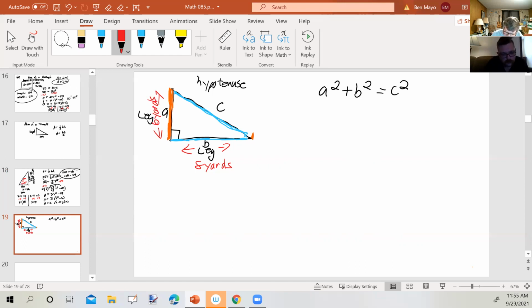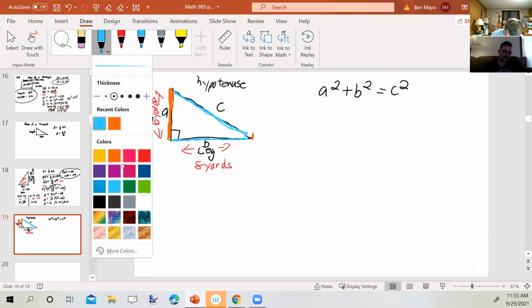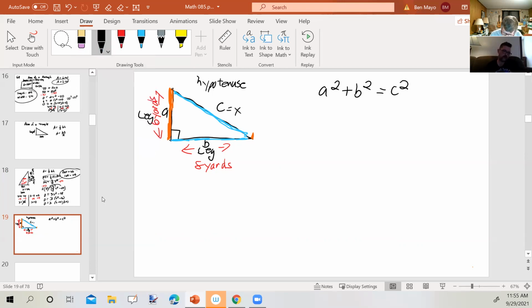So our unknown is C, okay? All right, tell you what, let's call it X. So C equals X. So what we've got is this. We've got this triangle, and the lengths of the sides are 6 yards, 8 yards, and X yards. Okay, if we go away from the picture and just the actual triangle.